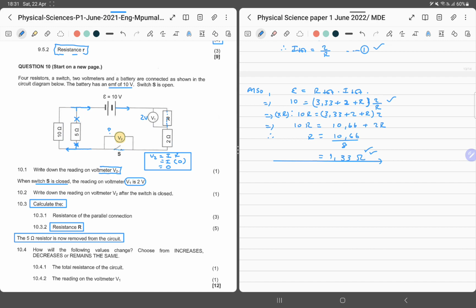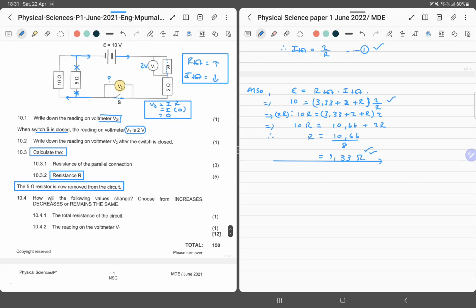So all that is going to happen here, we know that the R tot is going to increase because once we remove that parallel connection, the total resistance will increase. And it means the I tot is going to decrease. Okay, so that is the 2 main things that are going to happen when we remove that 5 ohm resistor.